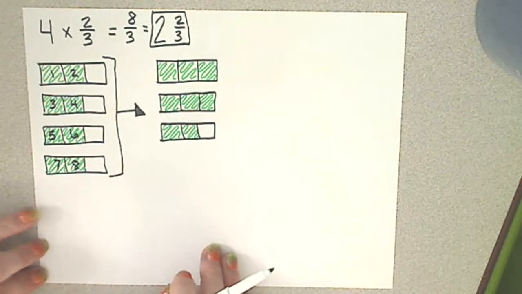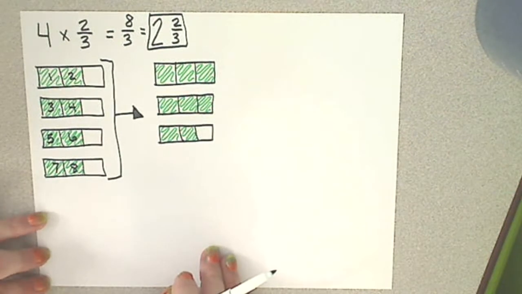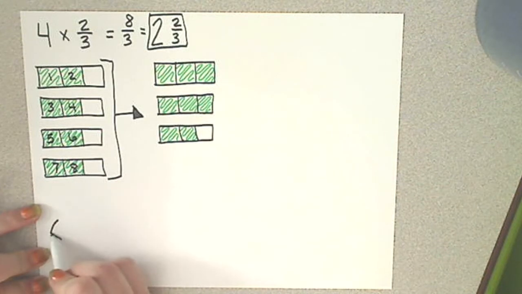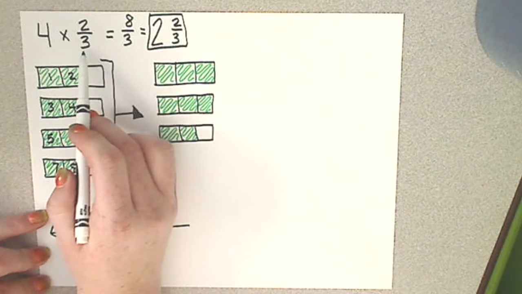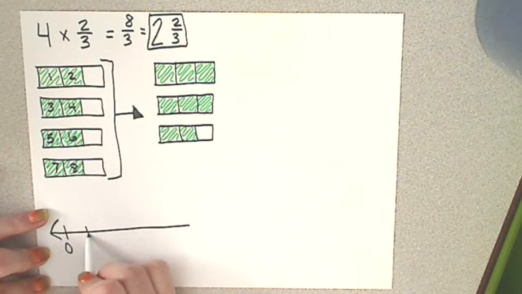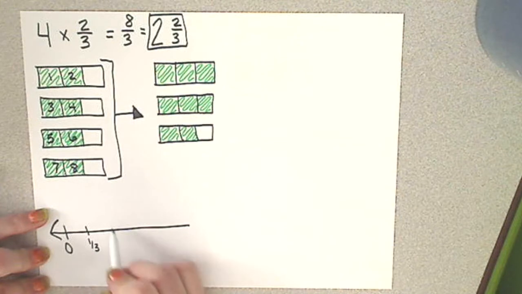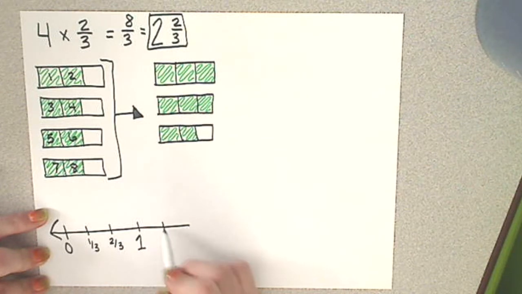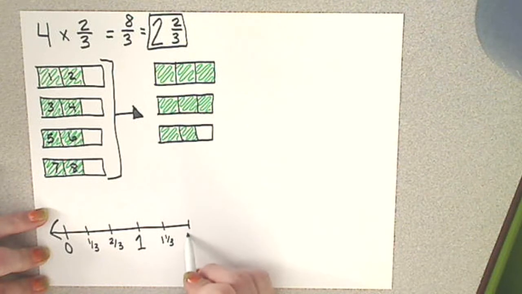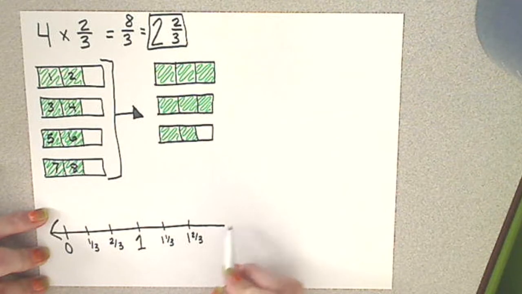Just like we did with the last one, let's take a look at what this looks like on a number line. I'm going to start with 0, and this time I'm counting by thirds. So I have 1/3, 2/3, 1, 1 and 1/3, 1 and 2/3, 2.